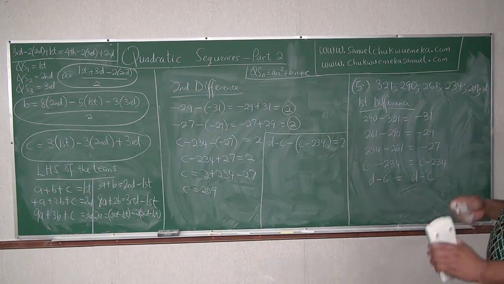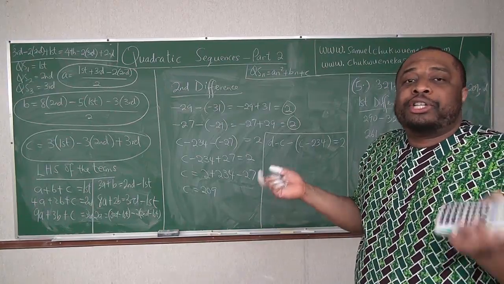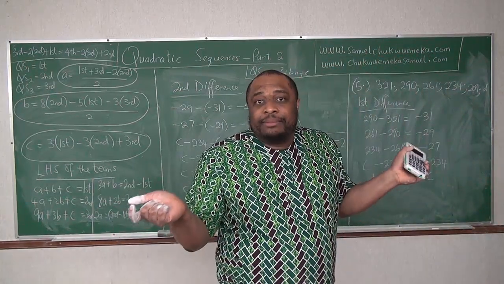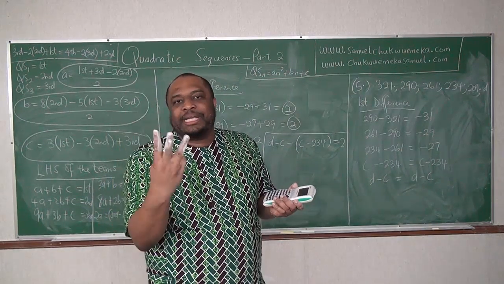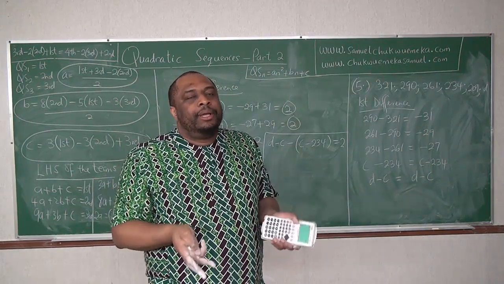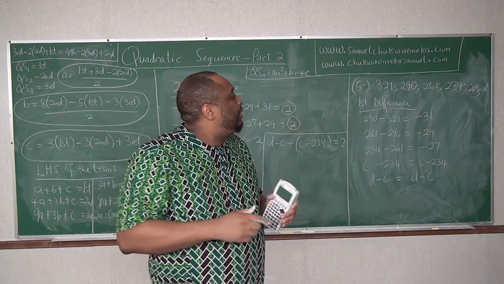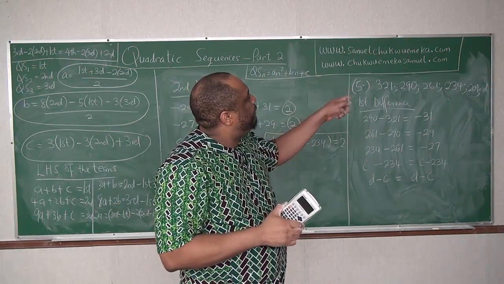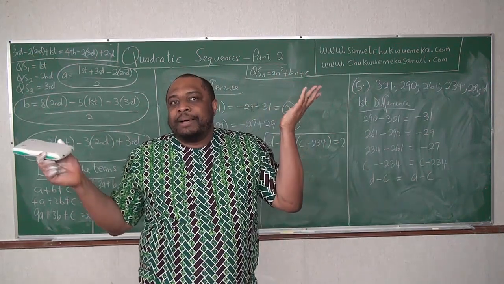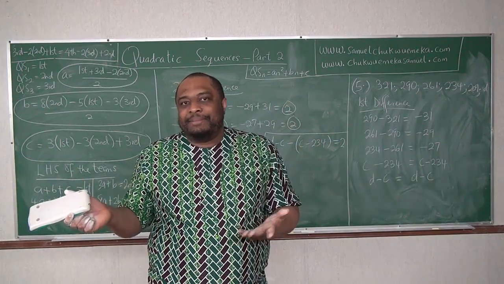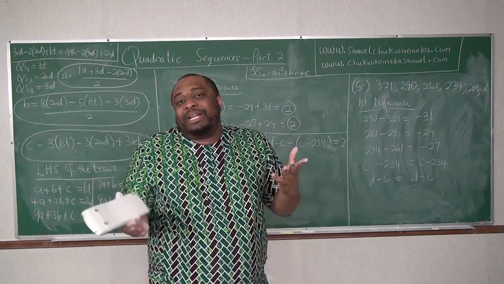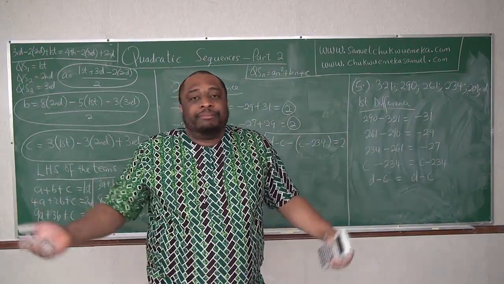Now, what you can also do is to get the nth term first. You only need 3 terms to get the nth term. Then you can find the 5th and 6th terms. The 5th term is your C, the 6th term is your D. If you want to do it that way, I think they should mark it correct.